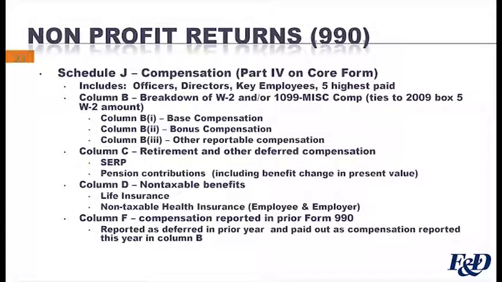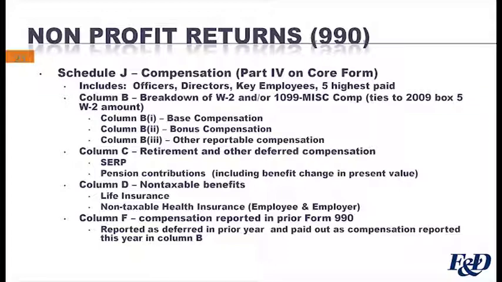One of the most pertinent schedules in the 990 is the Schedule J. Schedule J reports compensation for officers, directors, and key employees. It's a very sensitive area on the Form 990, and it's one area that's scrutinized often. 990s, as you may know, are public returns and can be pulled off the Attorney General's website for any nonprofit organization.